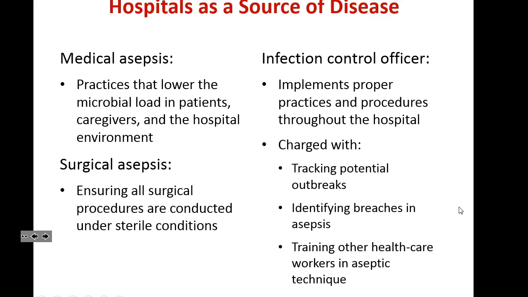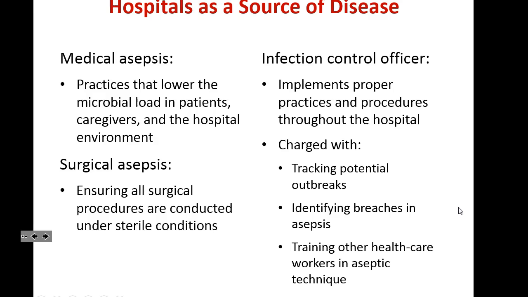Hospitals, what's another disease you can get in the hospital besides MRSA? Just regular staph. Something else you can think of? Medical asepsis practices lower the microbial load in patients, caregivers, and the hospital environment. Surgical asepsis ensures all surgical procedures are conducted under sterile conditions.